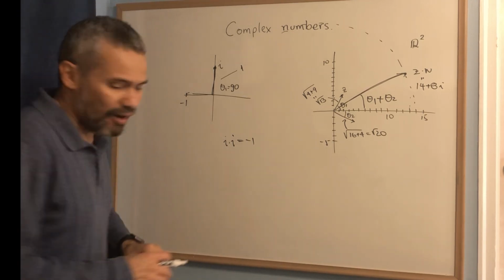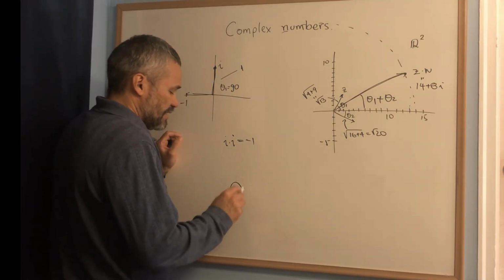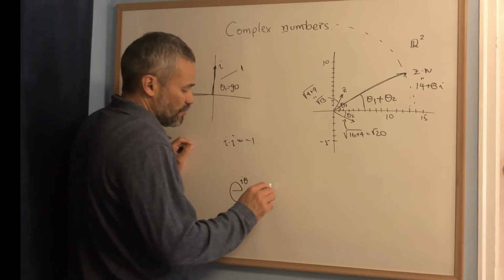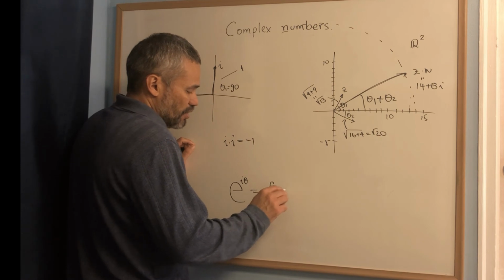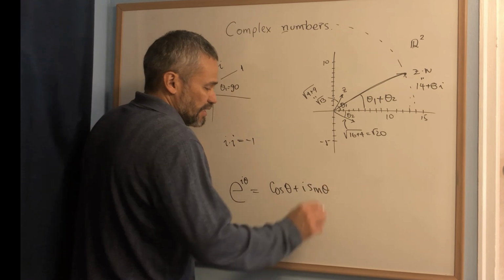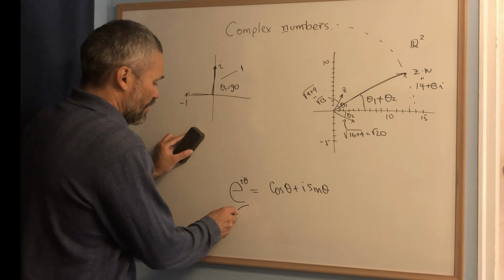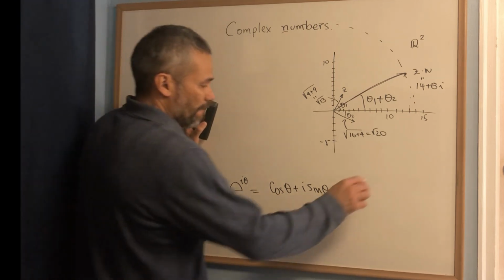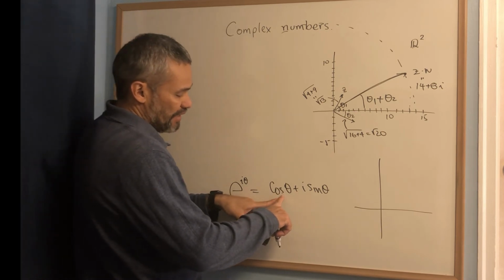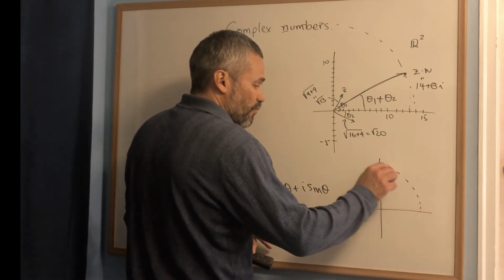There is a good notation that is going to be very important, and it's this, e to the i theta. This e to the i theta is going to be equal to cosine of theta plus i sine of theta. Notice that essentially when I write this, I'm writing a complex number. What is the length? When you think about the length, you're thinking about cosine squared plus sine squared. You're thinking about something of length 1.